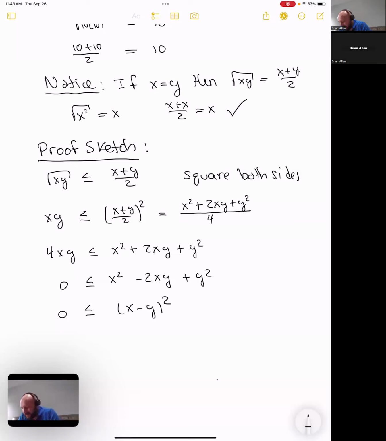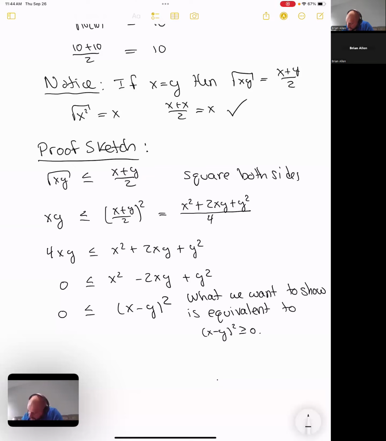I started with what I need to show, and I played and played and played, and now I showed that it's equivalent to, so let's just note what we want to show is equivalent to x minus y squared is non-negative.